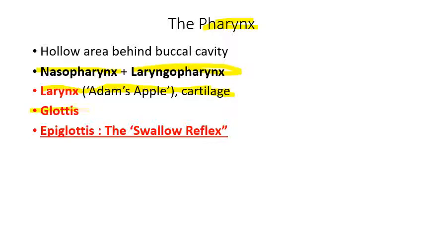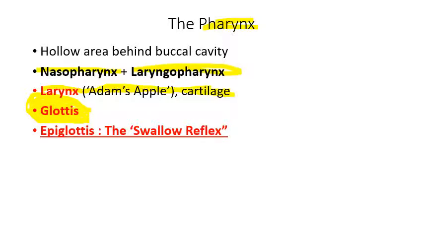And then there's a hollow area where, remember, food goes down the esophagus, and when we breathe, the air goes down the trachea. There's a common compartment where both the trachea and the esophagus empty, the intake for both is in the glottis, right?